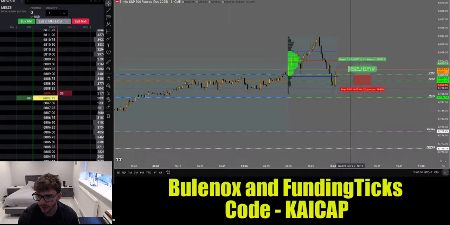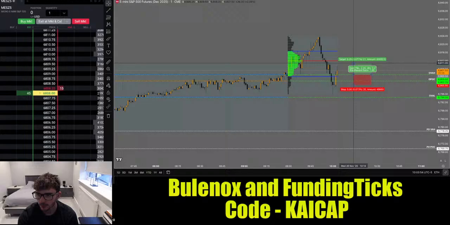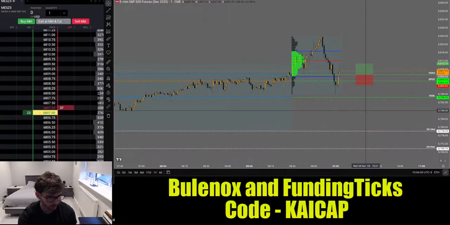I might actually do an 8... no, I can't get away with an 8-point stop. I need to go for this smaller move just because I don't really want to shoot past POC for my take profit.